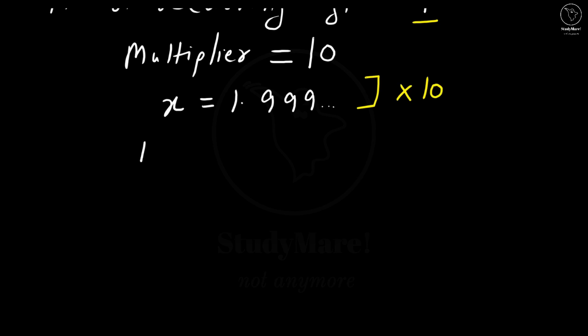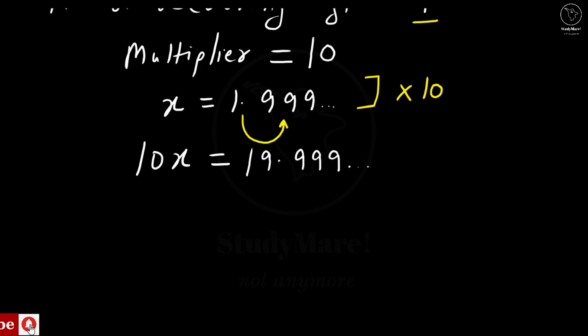We get 10x is equal to, now when we multiply 10 into 1.999 and so on, the point shifts one place towards the right, thus giving us 19.999 and so on. We have one extra 9 because it is continuously repeating, so we can write 9 as many times as we want.